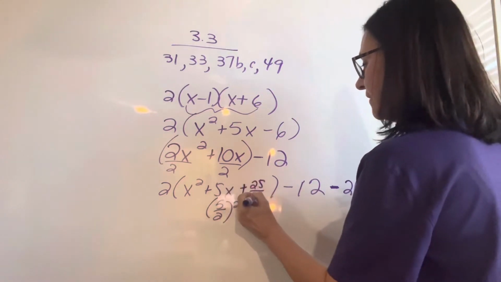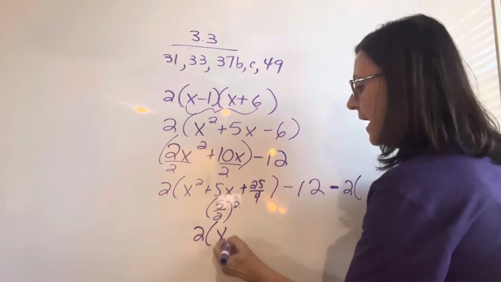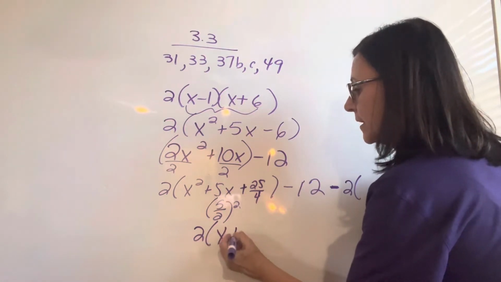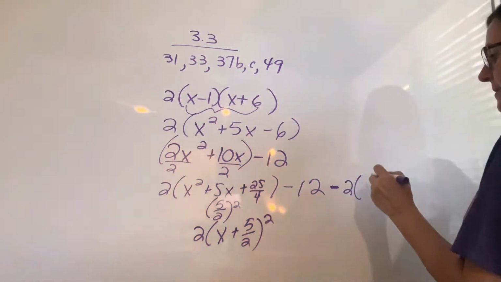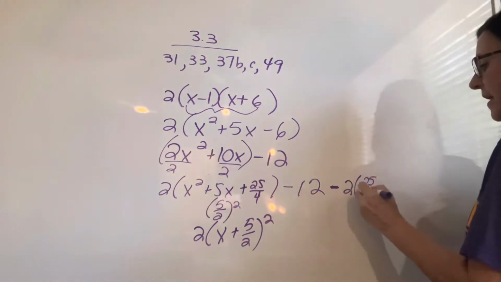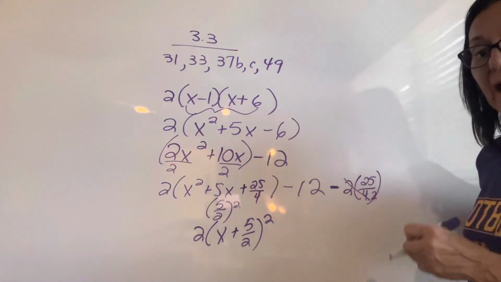Plus 25/4. So it's 2 times x plus 5/2 squared. And this is going to be times 25/4. Well, that just becomes 25/2.